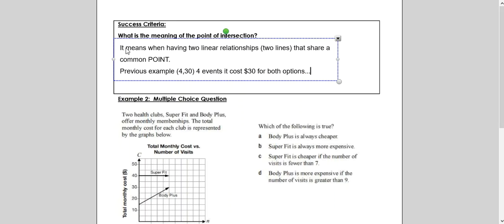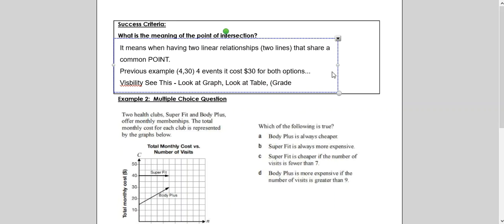So point of intersection, it means when you're having 2 linear relationships, 2 lines, they share a common point. And I could see that. How can I visually see that? I can look at a graph. I can look at a table.